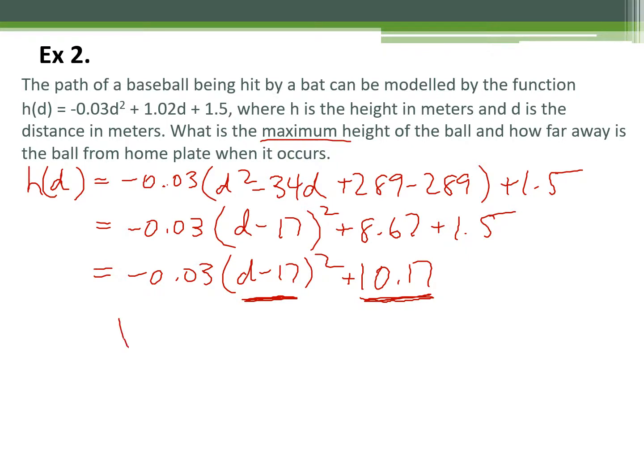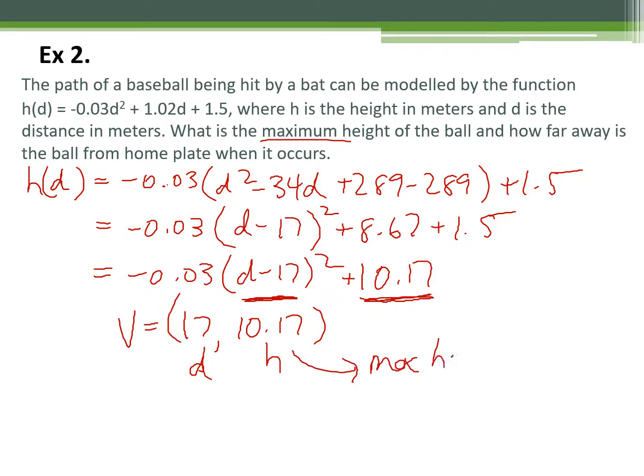What is my vertex? My vertex is 17 and 10.17. You kind of got to know what each one of those variables represents. That's like my x, so d. That's like my y, so h. So to answer the question, what is the max height?